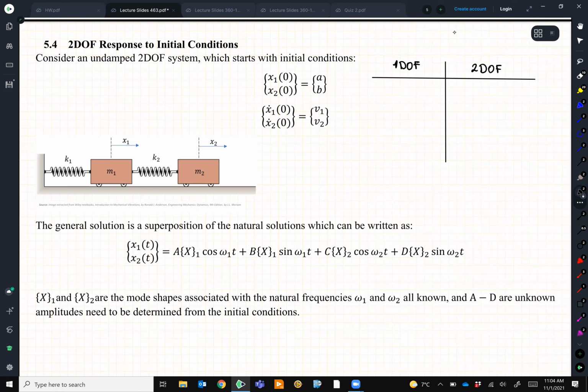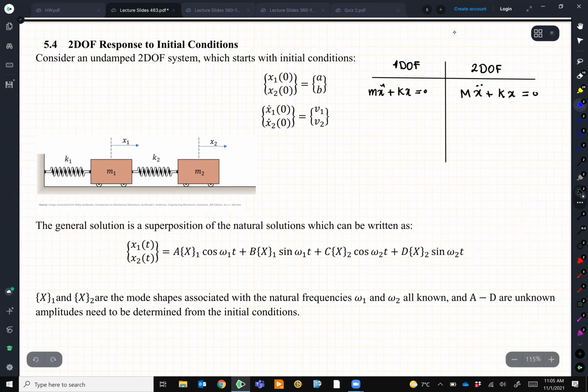So in a single degree, you saw we had the equation as m x double dot plus k x equal to 0. And over here now we have m, a matrix, times a vector of x double dot plus a matrix of k times a vector of x equal to 0. All right.